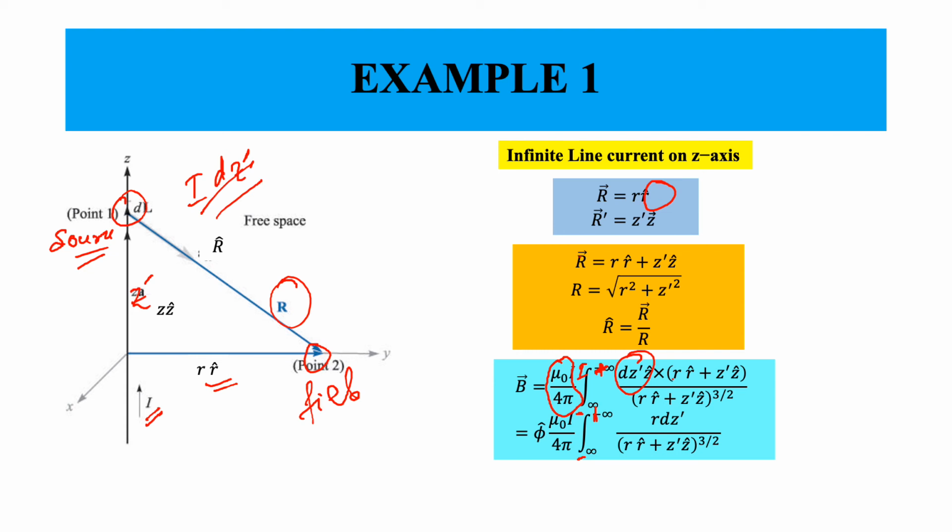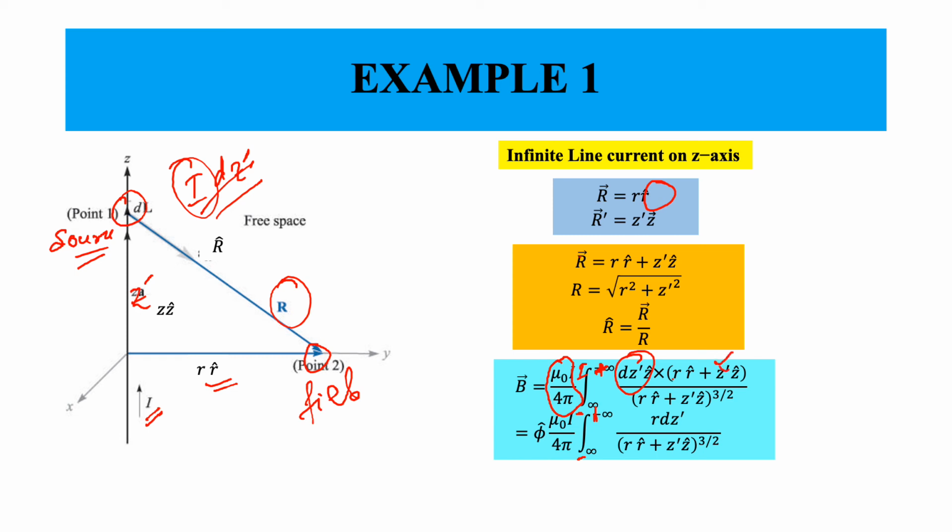The vector element now is along the z axis. So I dz prime, with I being constant and moved outside of the integral, and dz prime z hat cross the unit vector along the r direction.